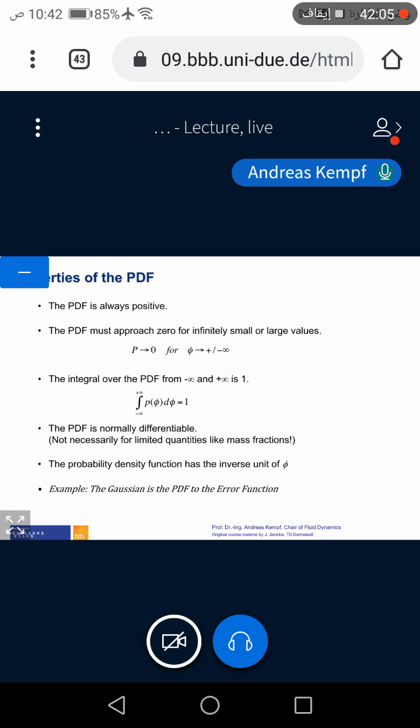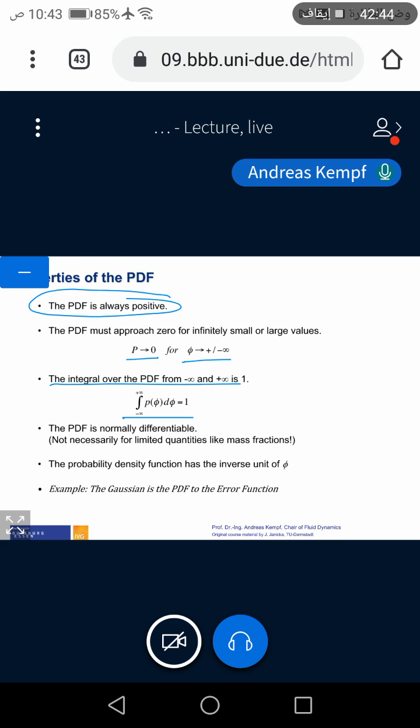Good, we move on. What are the properties of the PDF? First of all, a probability density function is always positive. You can have the probability of 0 of finding a certain value, but you cannot have a negative probability of finding a certain value. For infinitely small or large values, the PDF approaches 0. So for phi going up to plus or minus infinity, the lowercase p goes towards 0. The integral over the PDF from minus infinity to plus infinity is just 1, right?